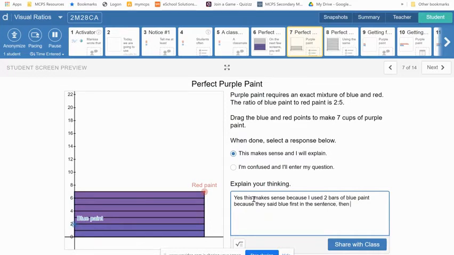Then I used 5 red bars because they said red second in the sentence. When this mixture was mixed together, it created the perfect purple paint.